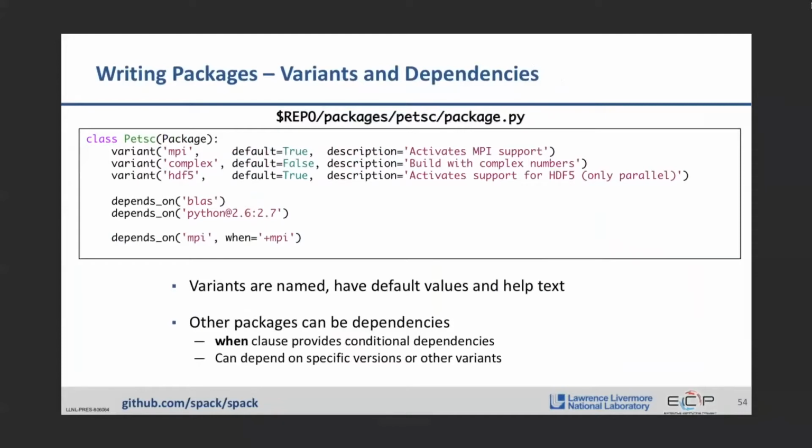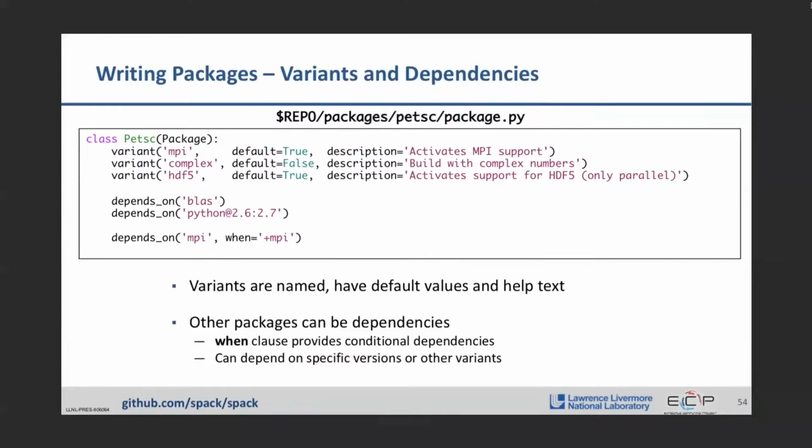The other sort of metadata that we have is metadata about the build. So the variants that we've talked about, do we want to build PETSc with MPI? Default is true, you can turn it off. Different variants and different dependencies. And your dependencies can be just on the package name, if you prefer. Depends on BLAS. You can use the spec syntax to be specific about what you depend on as well.